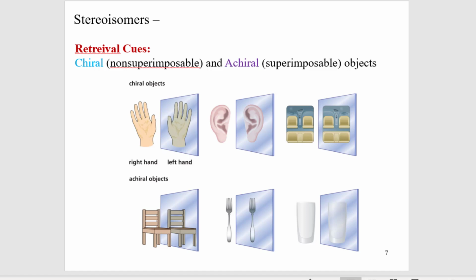So chirality is something that is very easy to define. It's when you have a molecule and another, and it has the ability to have handedness, like your right hand and your left hand. So when two molecules are not superimposable on each other, they're considered chiral. But when they are superimposable on each other, they're considered achiral.